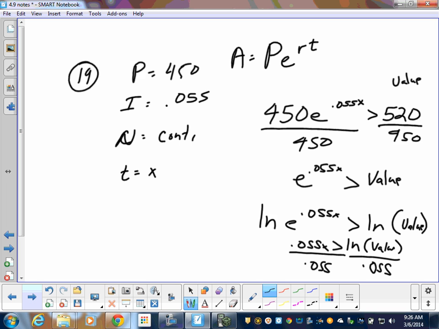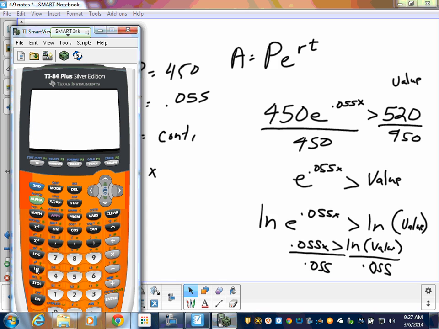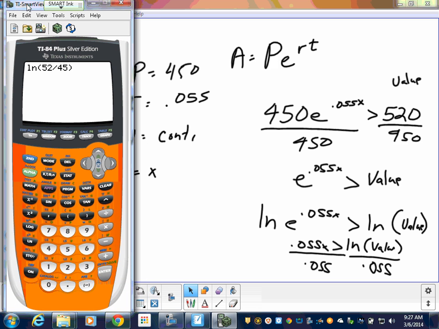Guys, what you do now is 52 over 45. So I just calculate this out. Okay, so I plug in natural log of 52 divided by 45. I take that answer right there. I figure out what it is.